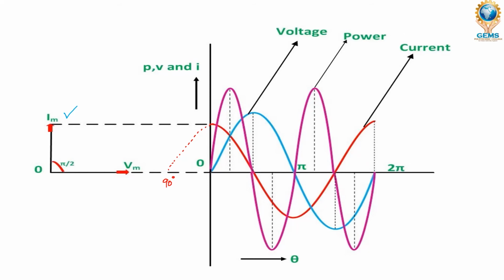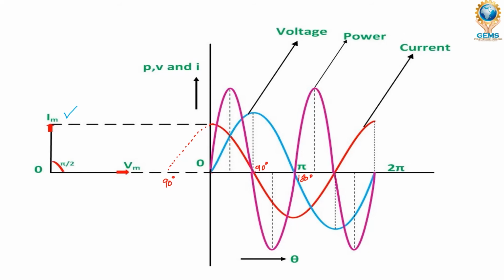This is pi, which means 180 degrees, and this is 90 degrees. From 0 to 90, voltage is positive and current is also positive. From 90 to 180, voltage is positive, current is negative.